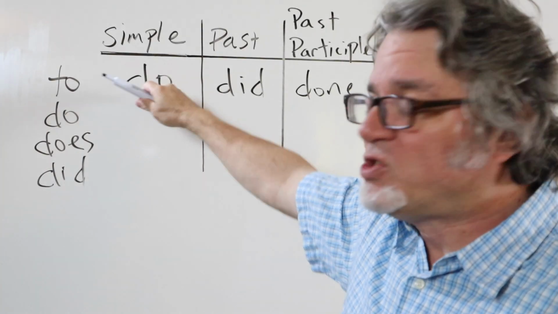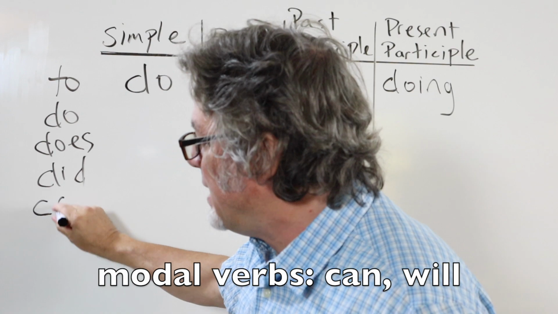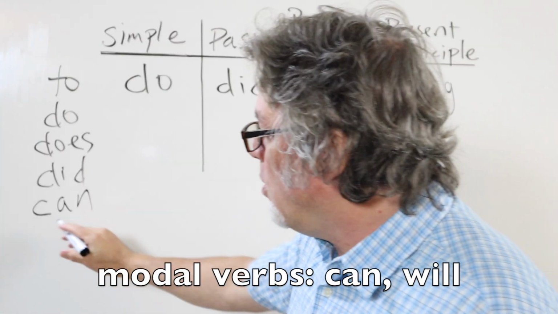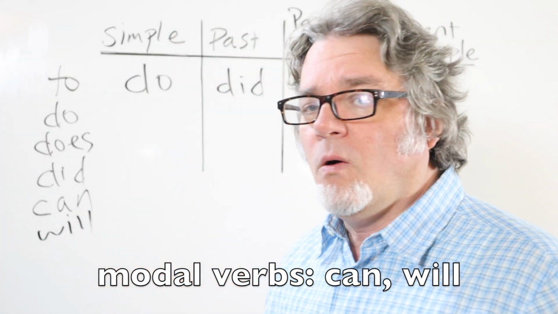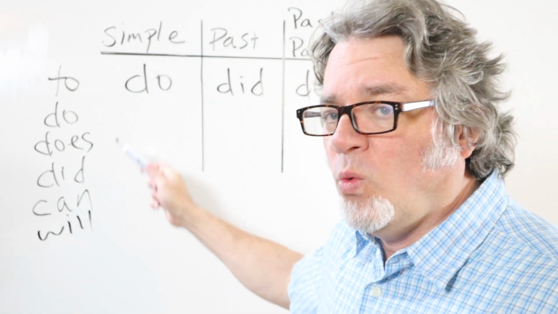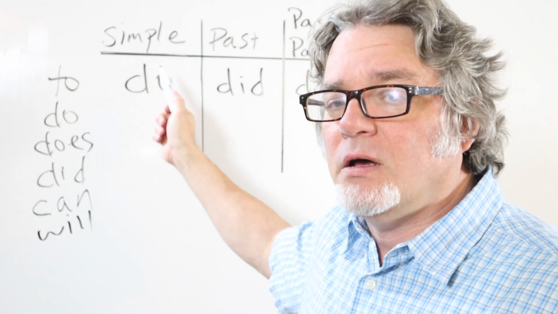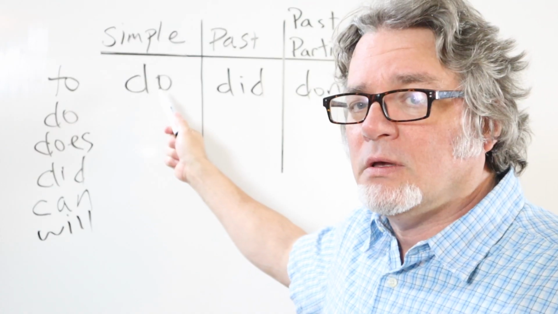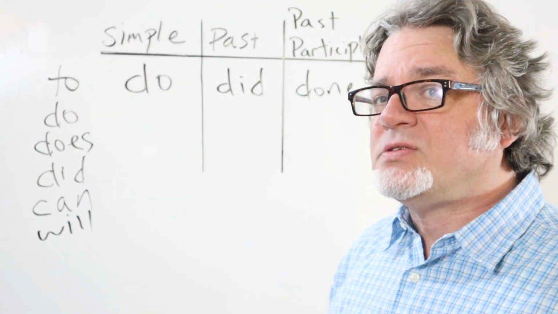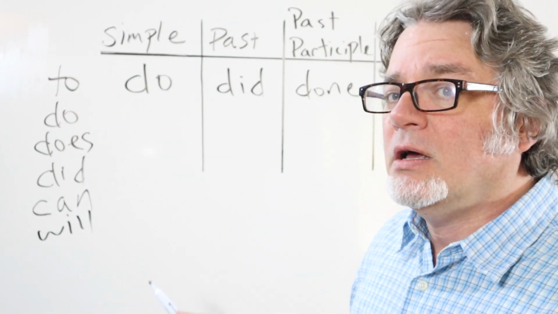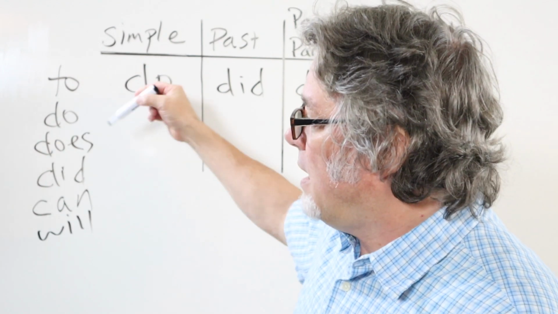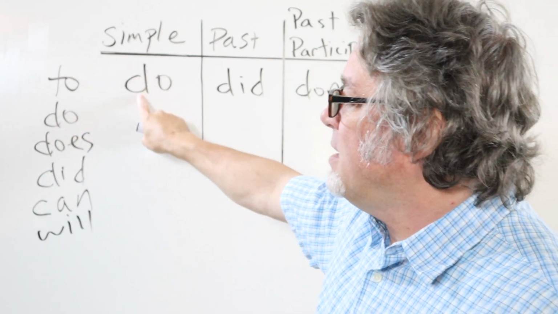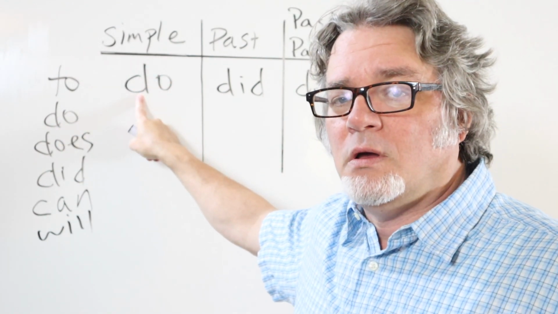It's also possible to use modal verbs like can or will or must with the simple form of the verb do. So in some cases when you're making a question, you're using the helping verb do and the main verb do.